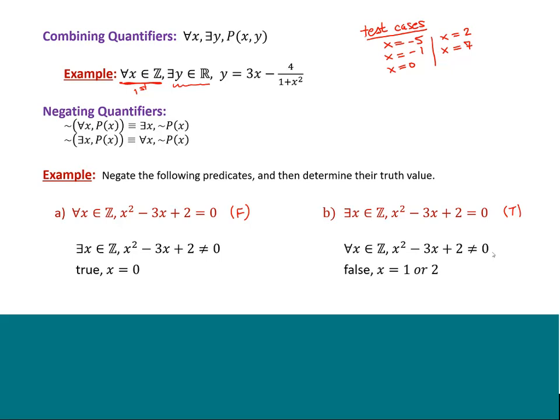Hopefully that makes a little bit of sense. So questions about negating quantifiers. Sometimes when you get into actually dealing with quantifiers, it feels like there's more pieces and parts going on, but quite frankly, everything we just talked about, that's literally it in terms of quantifiers.